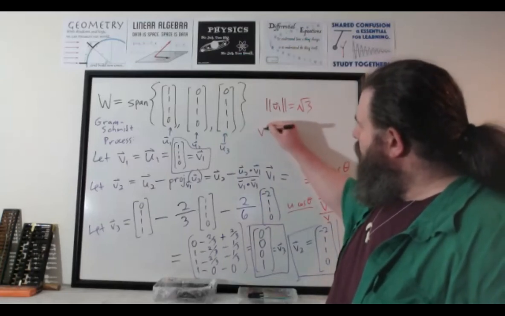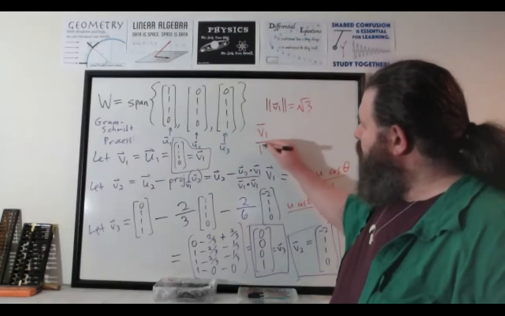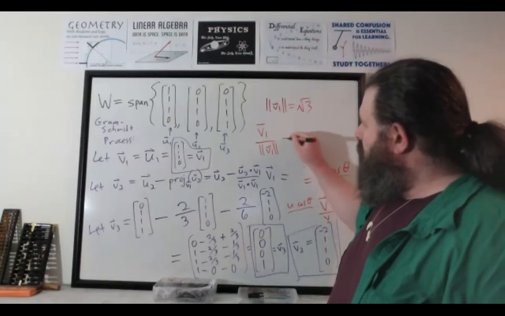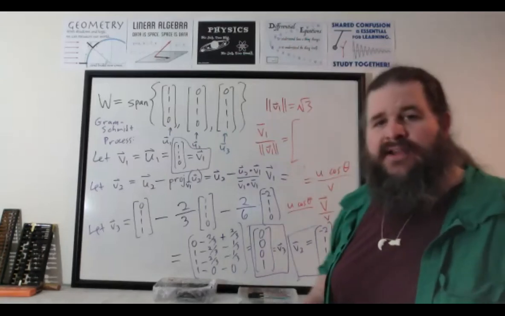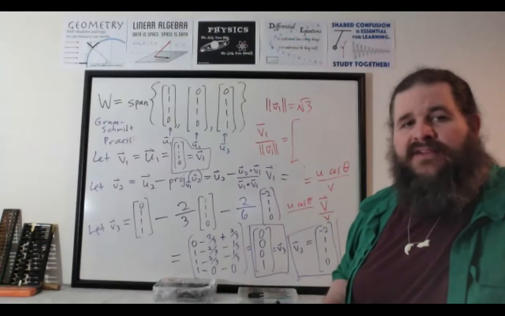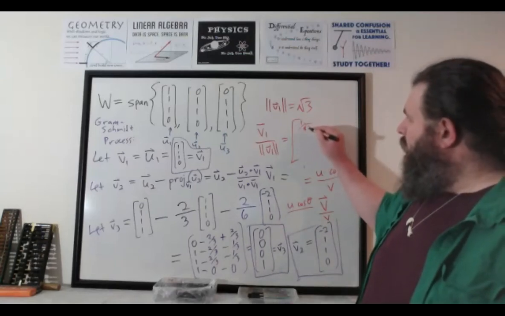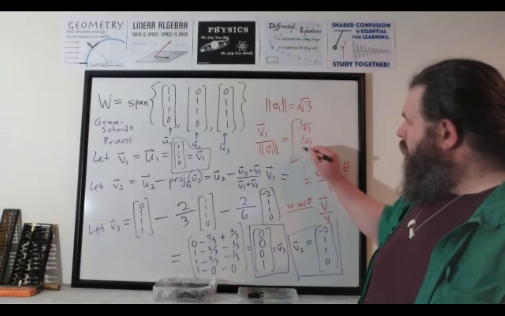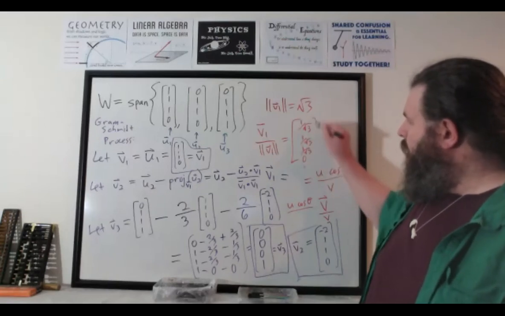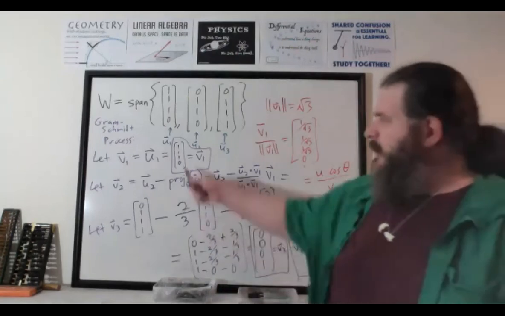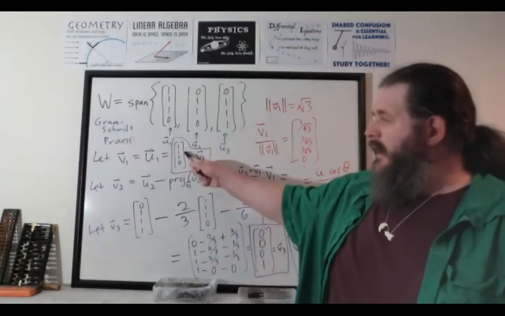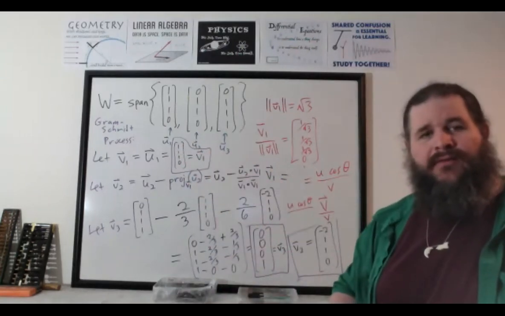If we take v1 and divide by its own magnitude, we get a new vector that's in the same direction. That's really the important part. Still the same direction, but length 1. So 1 over root 3, 1 over root 3, 1 over root 3, 0. Or we could also just write it as 1, 1, 1, 0 times 1 over root 3, leaving the 1 over root 3 on the outside.